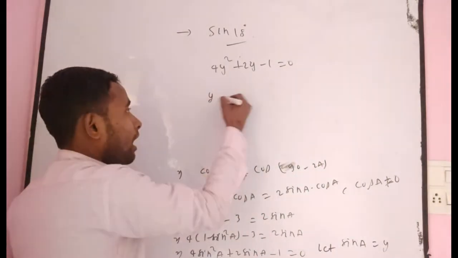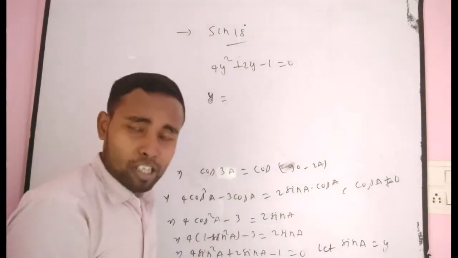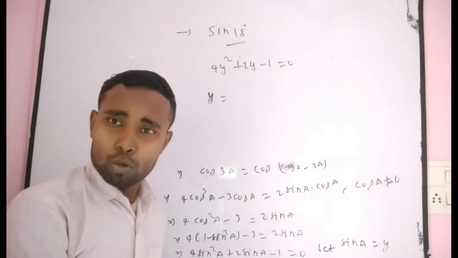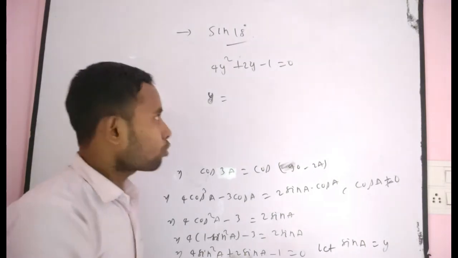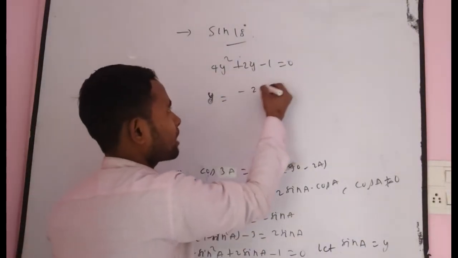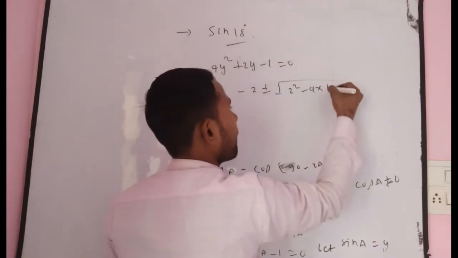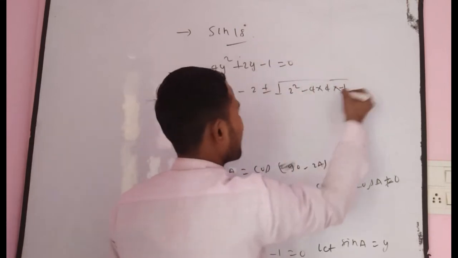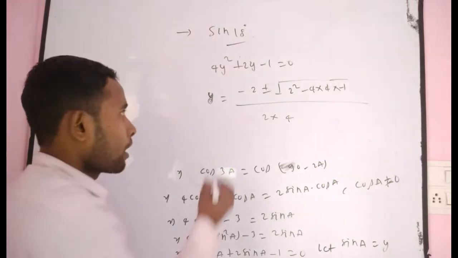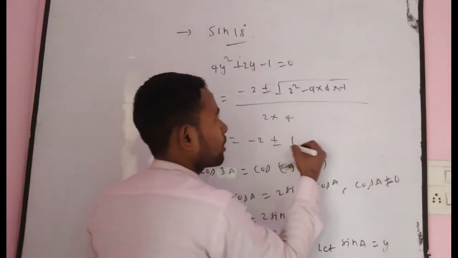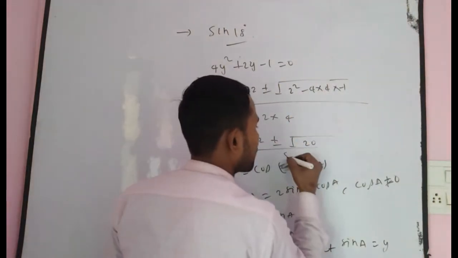So using Sridharacharya's formula, if a quadratic equation is of the form ax square plus bx plus c is equal to 0, then x is equal to minus b plus minus root under b square minus 4ac, divided by 2a. Can you apply the formula here: y is equal to minus 2 plus minus root under 2 square minus 4 into 4 into minus 1, divided by 2 into 4. Now you obtain minus 2 plus minus root under 4 plus 16, that will be 20, divided by 8.